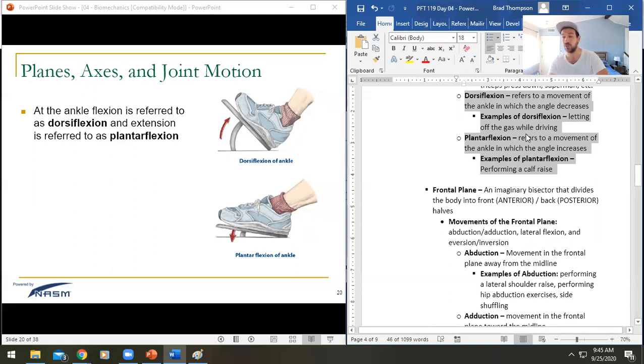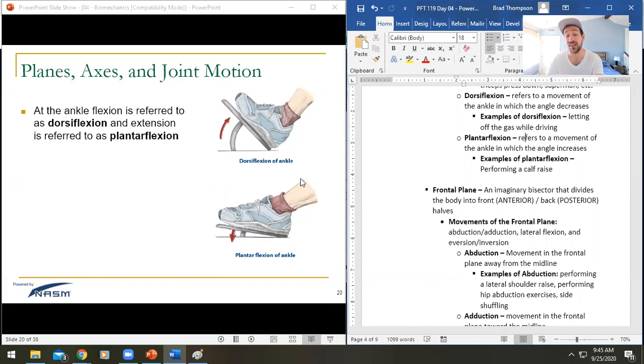So they both use the word flexion, but it's still a sagittal plane movement. Plantar flexion and dorsiflexion are opposites of each other. Plantar flexion is easy to understand: you're pointing your toe away, planting your foot. Versus dorsiflexion, where you're pulling your toes back towards you.